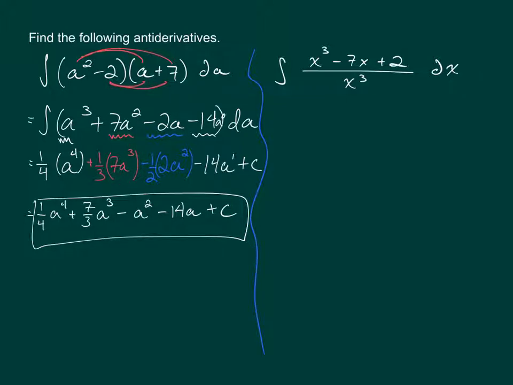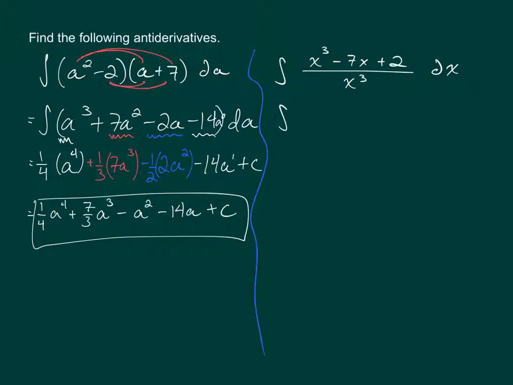In this right example, we cannot use a power rule yet because we don't have separated terms like we did over here in this example. But we can get separated terms if we take the denominator and divide each term of the numerator by it separately, so that it'll look something like this.